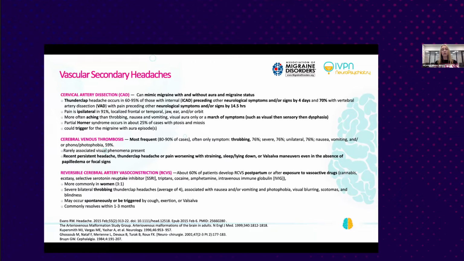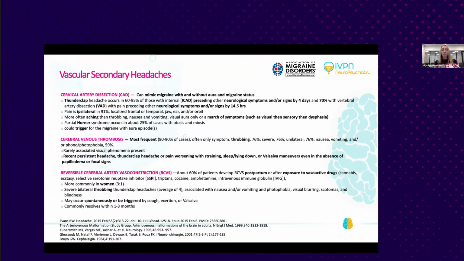However, maybe you should think of it if Valsalva maneuver is really something that turns it on, or if sleep or lying down aggravates it, or if it started as a thunderclap headache, especially if the pain is worsening on straining.